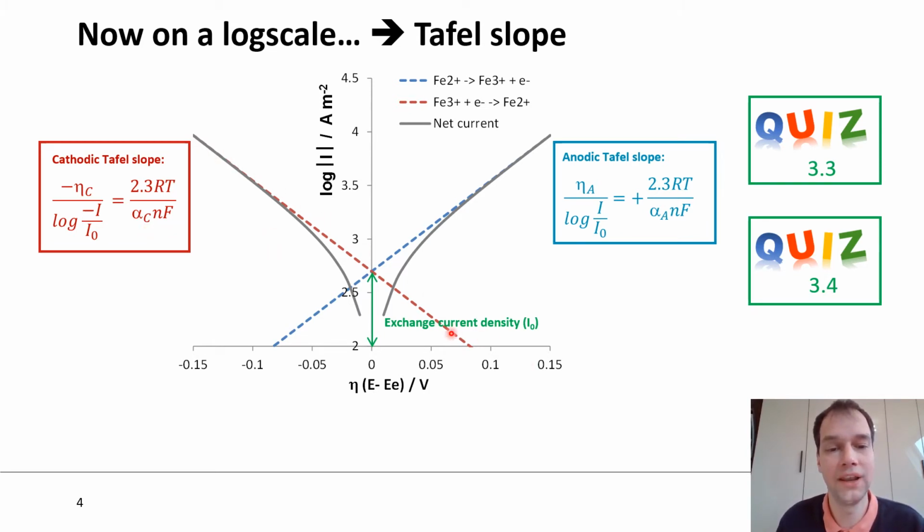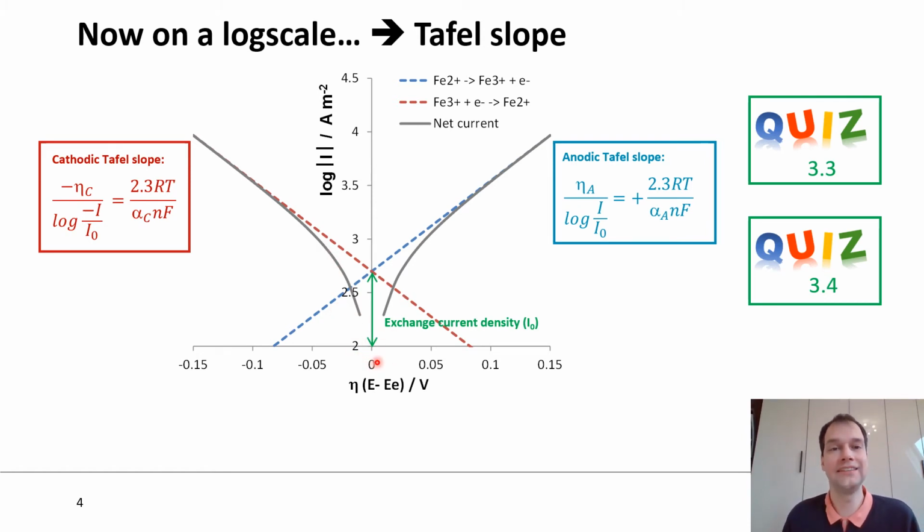So we have these two lines. Obviously the total net current, that's still the gray line, is now a bit more complex, because in principle at the equilibrium potential the net current is zero, but that we cannot plot on a logarithmic axis, so that is why we see this current here moving towards zero.